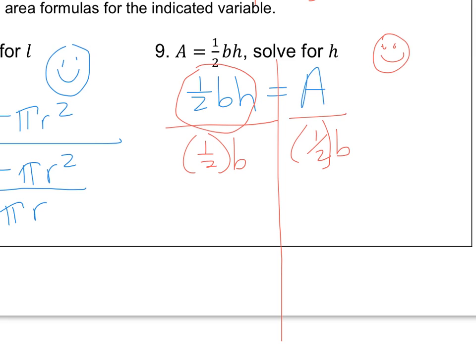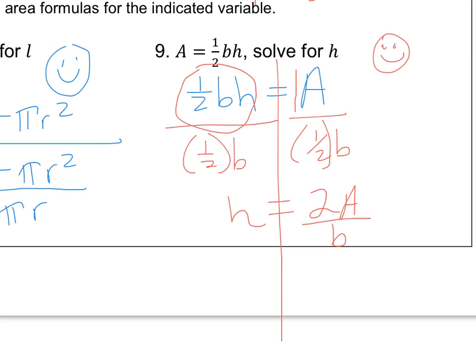So 1/2 b is being divided out on both sides. That leaves me with h on this side. Now, if you recall, my A has a 1 in front of it. So if I punch in 1 divided by 1/2 on the calculator and press enter, I end up with 2. So I've got 2A, and then my b stays on the bottom.